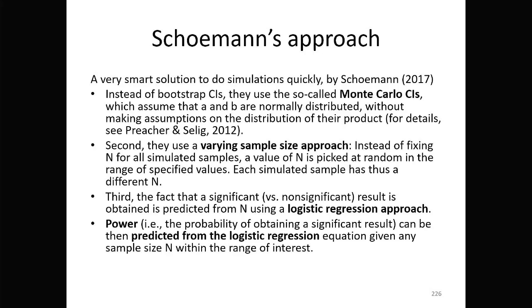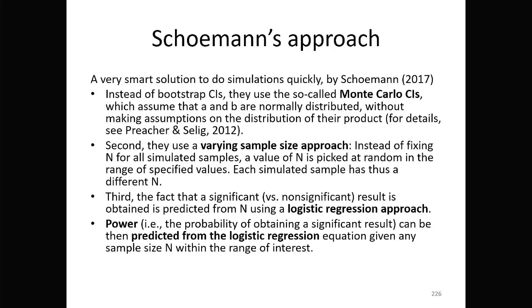And the good part is that imagine you only simulated a sample size of, I don't know, 115, only 3 times, so you would have a completely imprecise result in that range. But the logistic regression function borrows information from all the other sample sizes as well. So you get a much more precise estimate with a small number of runs. So I found that a very fascinating approach.